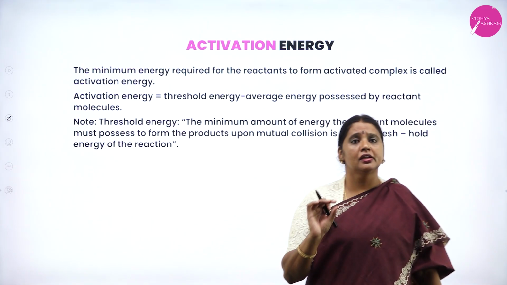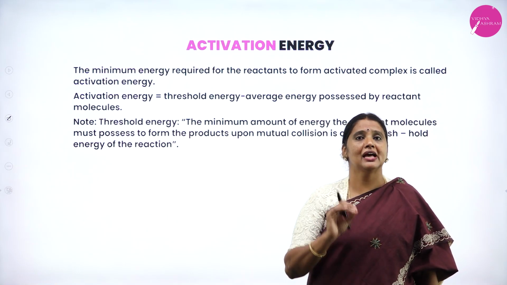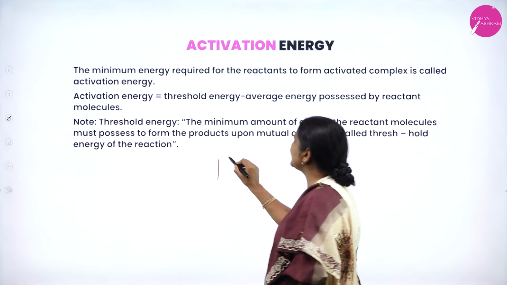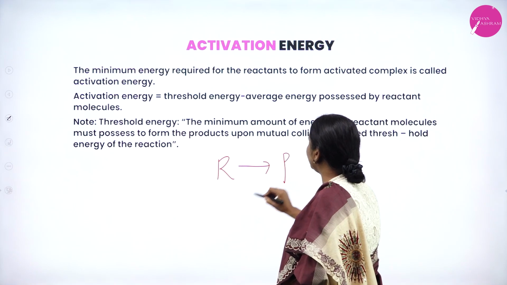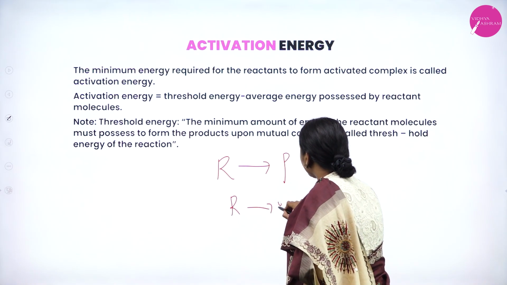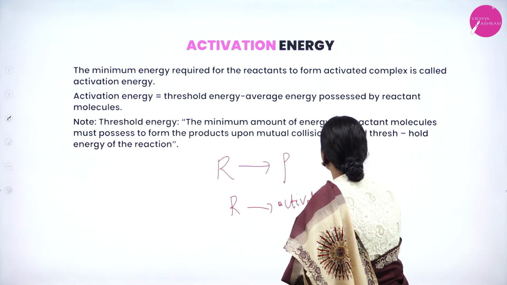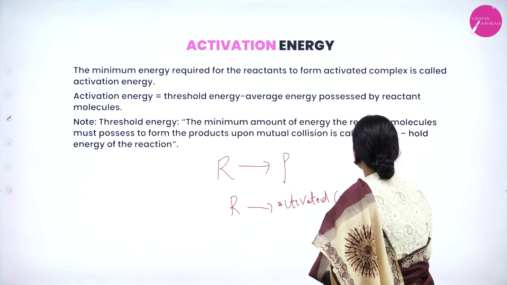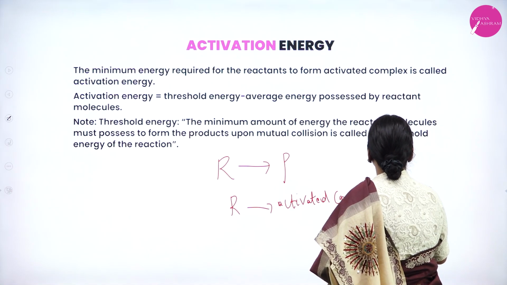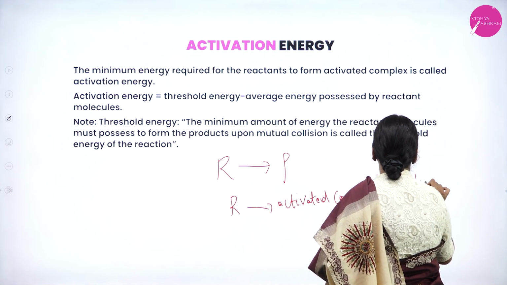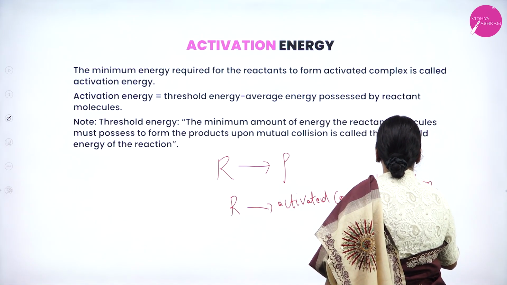Here, the new term which comes in the Arrhenius equation is activation energy. Let us consider R giving rise to P. Before the formation of product, there is a formation of activated complex or transition state.